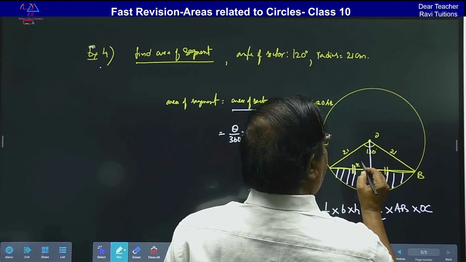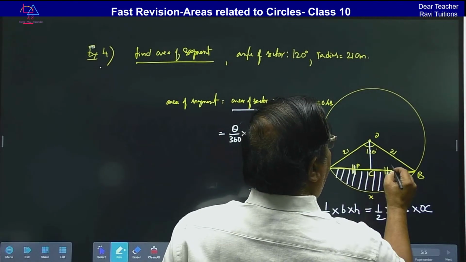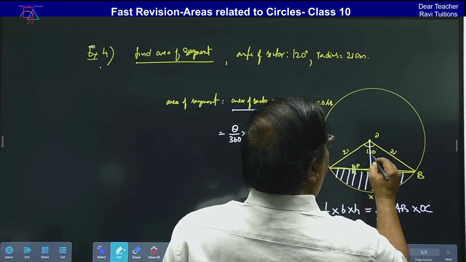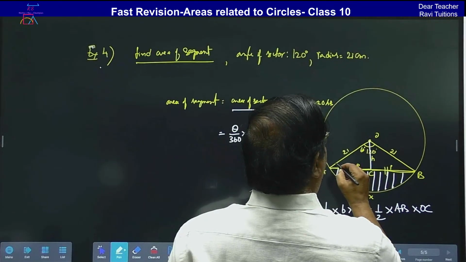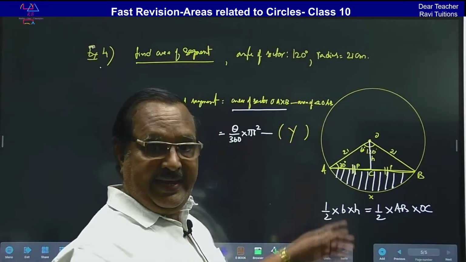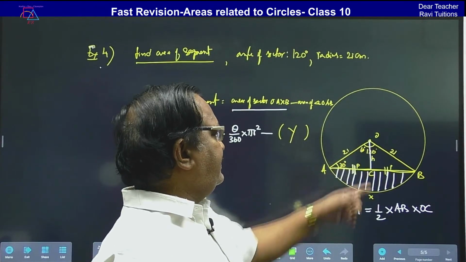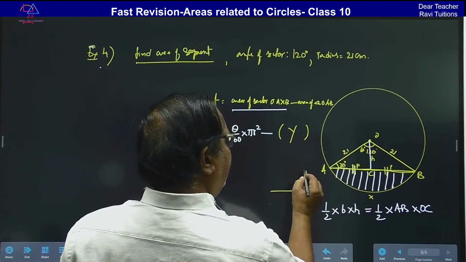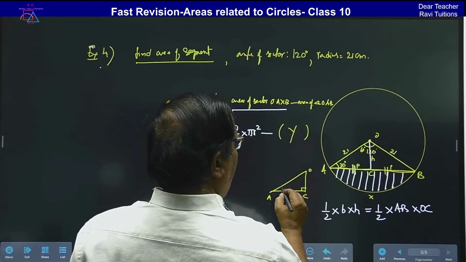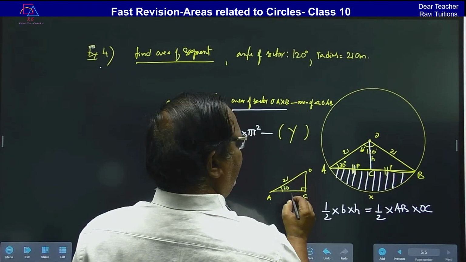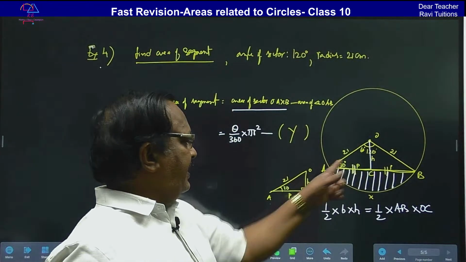Let us say this is P, and this is also P, and this is H. Now the vertical angle 120 will get bisected, so the upper angle is 60 and this is 30 degrees. I draw the same triangle here: C, A and O, with 30 degrees, 21, P and H.